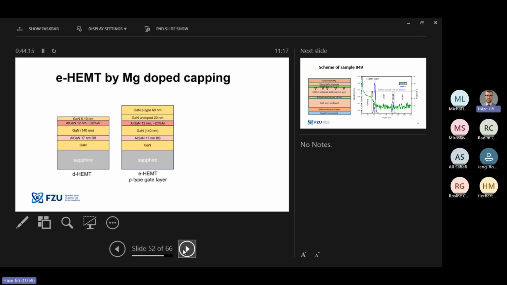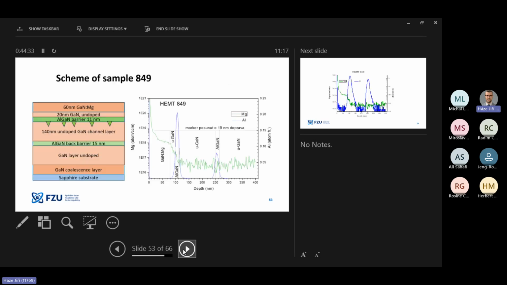It brings some problems, for instance, magnesium is a very diffusive atom actually, and it's a problem to keep it only here and not to penetrate into the GaN channel, which would deteriorate the properties of transistors. So we have again done the structure with those V-pits as we used to.